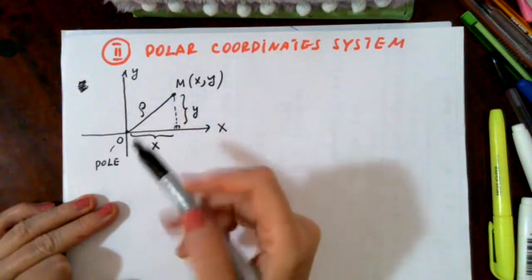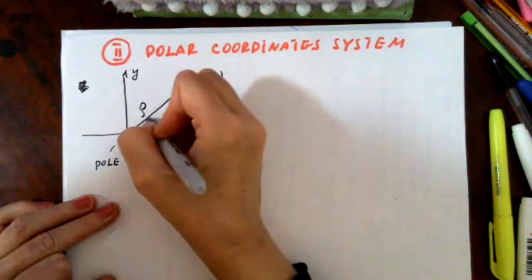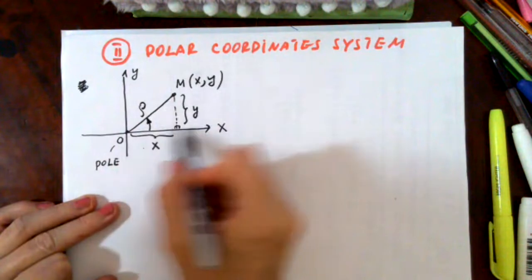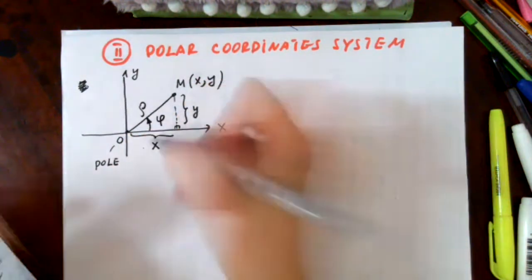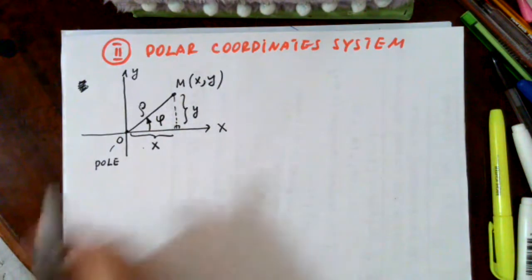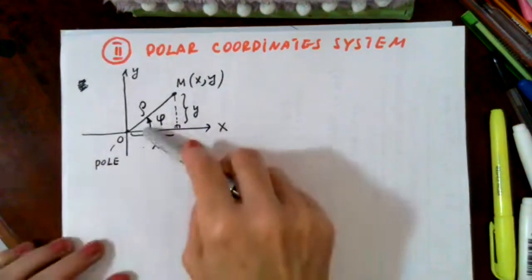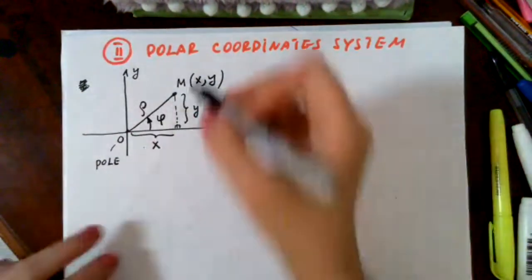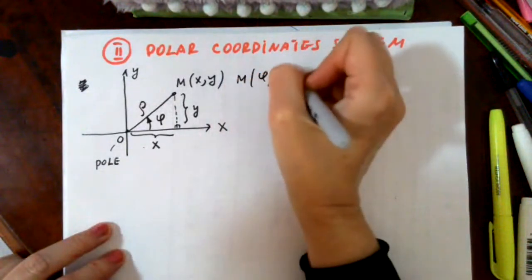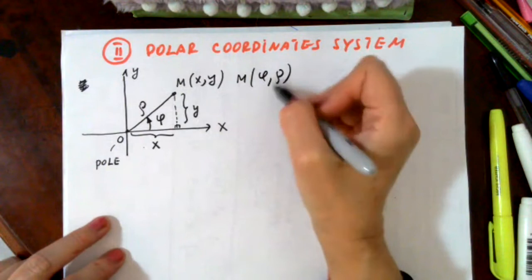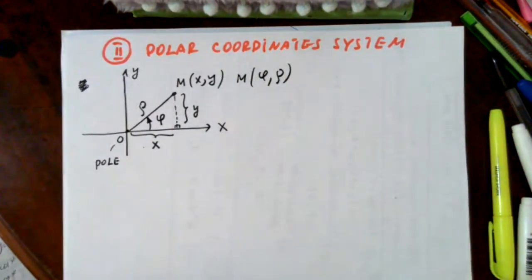And this angle between the x-axis and the polar radius is denoted like phi, or maybe some other letter, it doesn't matter, and it's called the polar angle. So polar angle and polar radius are the two coordinates which represent the polar coordinate system. Phi, polar angle, and rho, polar radius. That's it.